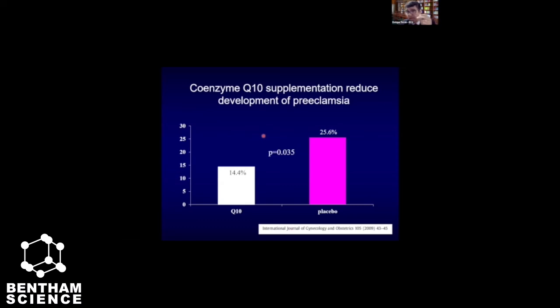Unfortunately, Q10 is still expensive and is not available as we would like. Most of the products containing Q10 have small quantities, 10 or 20 milligrams, and we were using a quite higher amount in our clinical trial.